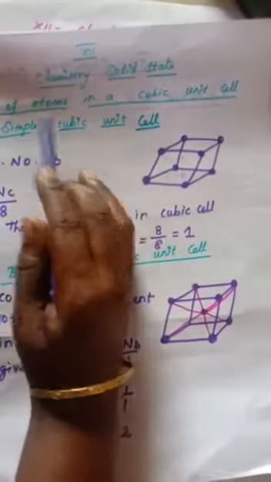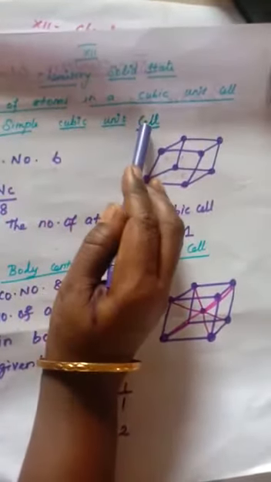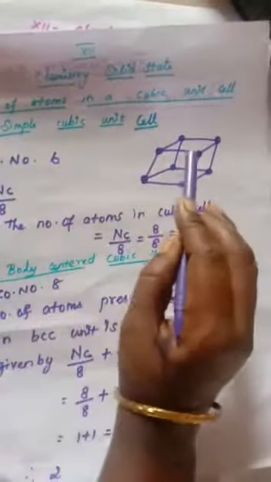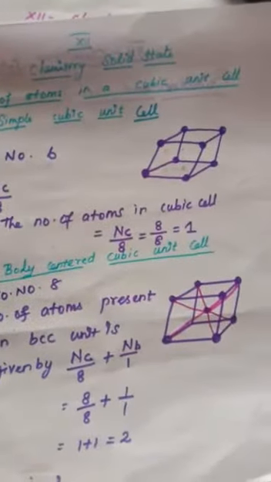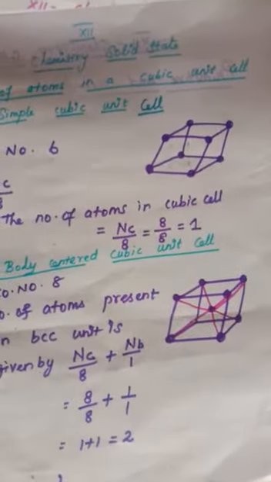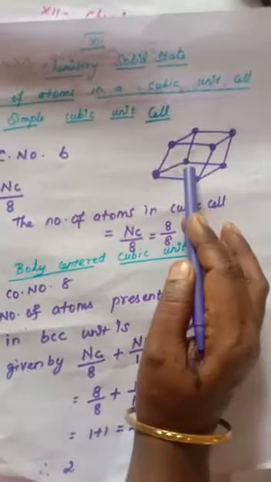First, the simple cubic unit cell. How can you calculate the number of atoms present in the simple cubic unit cell? Here this is the simple cubic unit cell.